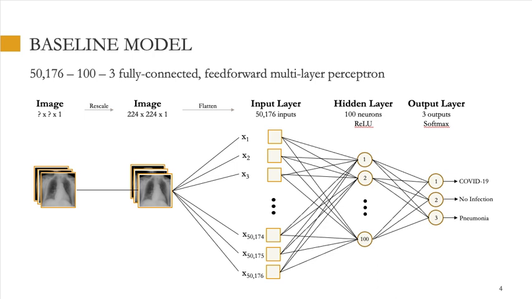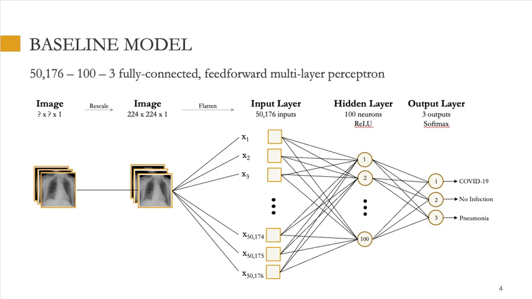I then flatten this array into one dimension, and this 1D array composes my input layer with 50,176 inputs. The input layer is then fed into a single hidden layer with 100 neurons, and that uses the ReLU activation function.